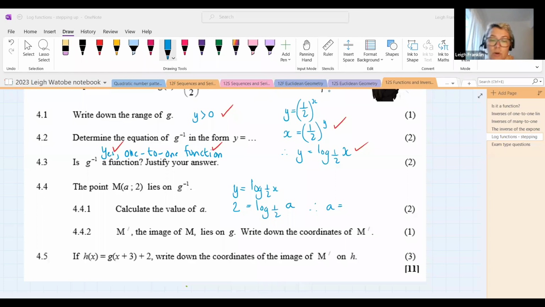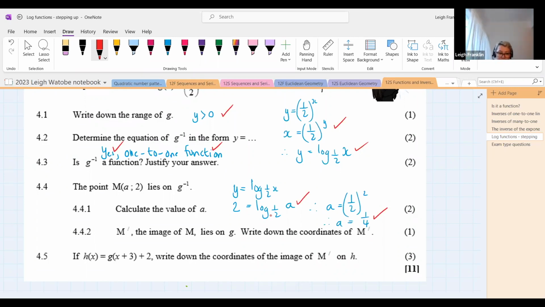You just have to remember to show your working out. There we go. Perfect. So it would be equal to (1/2) squared. Lovely. So therefore, a would be equal to a quarter. Good job, everybody. This is only out of 2: 1 mark for subbing in and 1 mark for our answer. Well done, everyone.